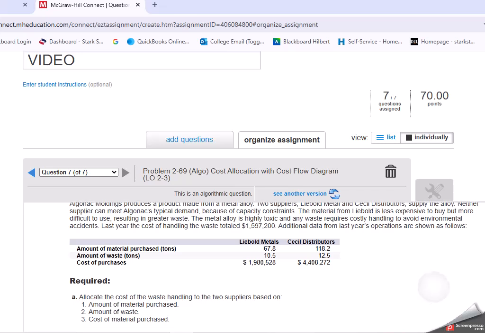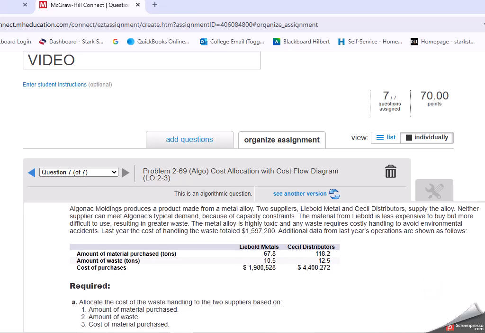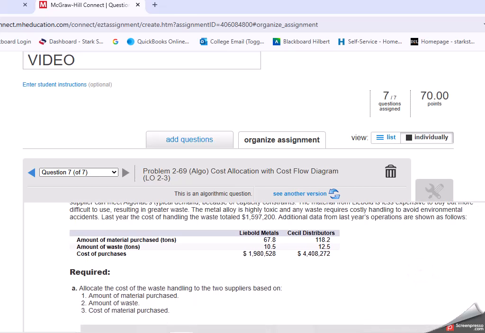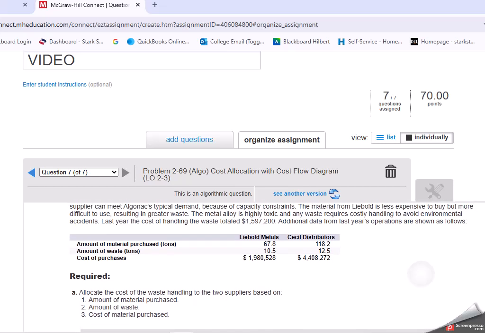So here they give us the amount purchased and the amount of waste, and then the cost of the purchases. So we want to allocate that cost of the waste to the two suppliers based on the amount of material purchased. So for that first one, if we purchased 67.8 from Leibold, 118.2 from Cecil, we have 186 total. So then now calculate a percentage of that.